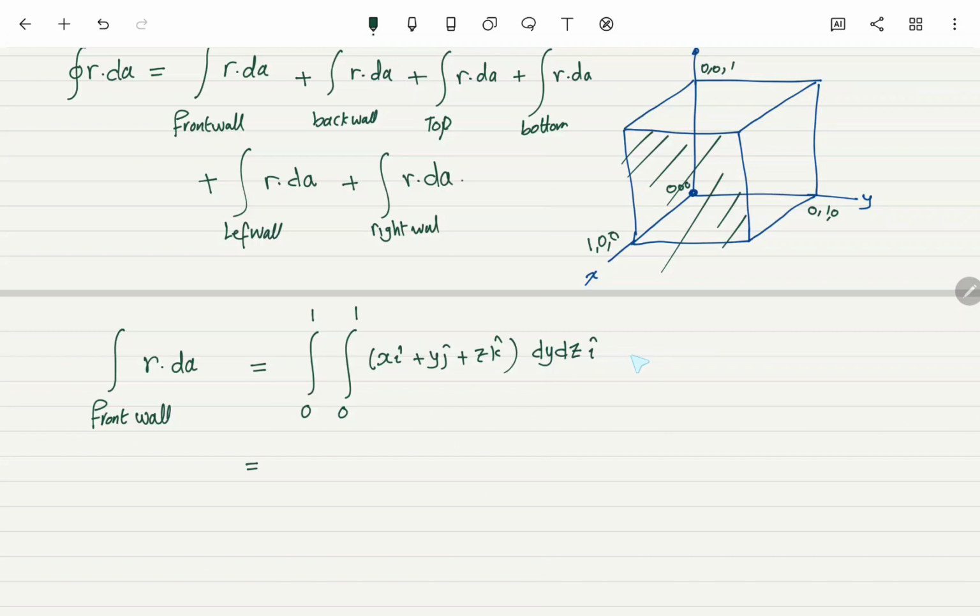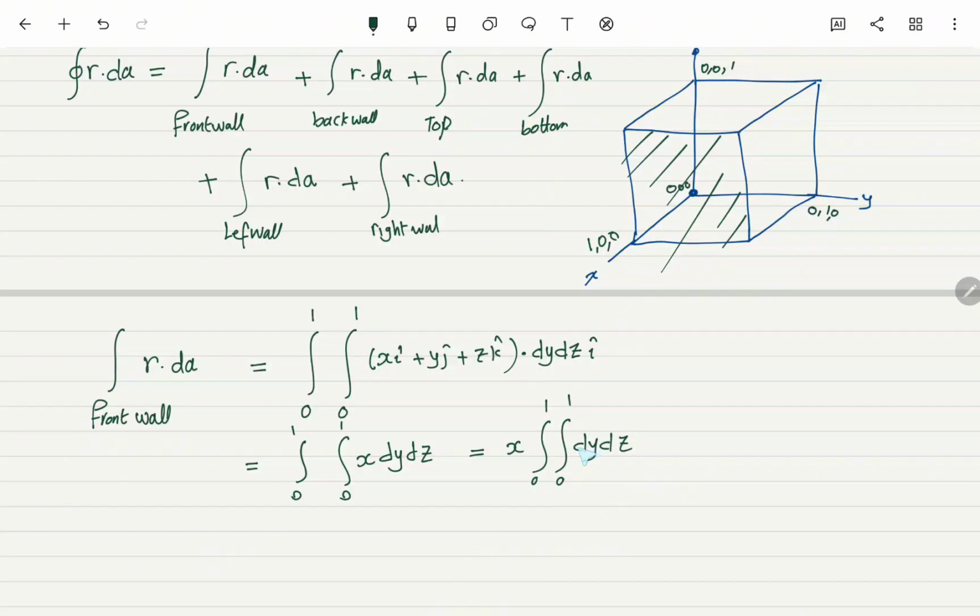Now there's no j hat, no k hat in this one. So when you dot product this with this, you will get the double integral from 0 to 1, 0 to 1, of x dy dz. And this is equal to, since x is independent of y and z, x times the double integral from 0 to 1, 0 to 1 of dy dz.